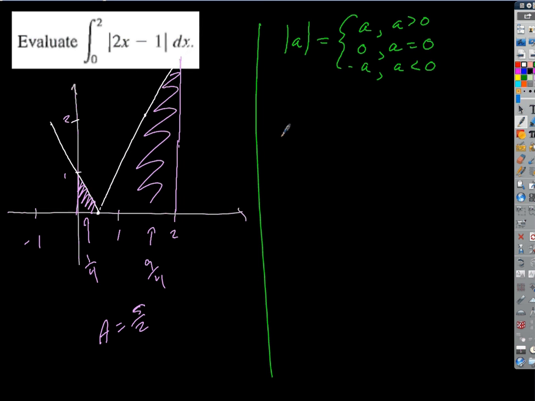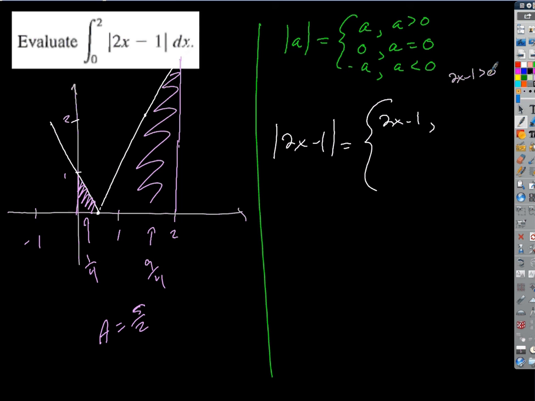So absolute value of 2x minus 1 equals what? Good. When 2x minus 1 is greater than 0, we can write that in terms of x, right? So if 2x minus 1 is greater than 0, solve for x.